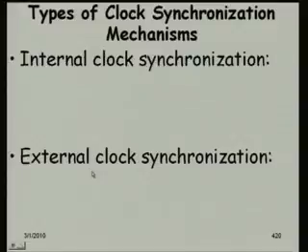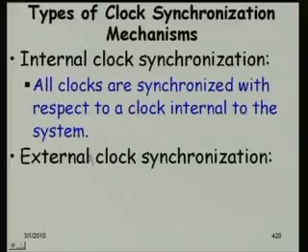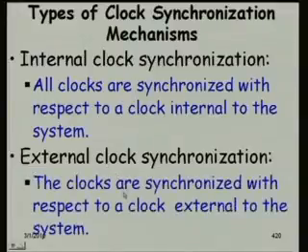Whereas in external clock synchronization, we will use an external clock like the UTC. So in internal clock synchronization, all clocks are synchronized with respect to a clock internal to the system, whereas in the external clock synchronization, the clocks of the system are synchronized with respect to some clock which may be external to the system. For example, UTC, but it can be any other clock.